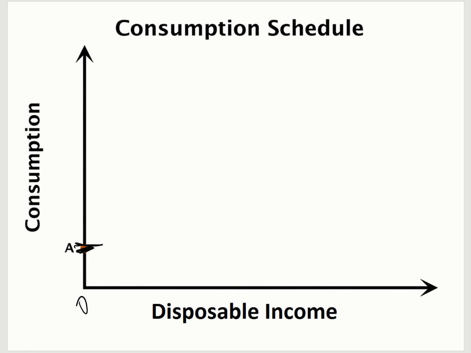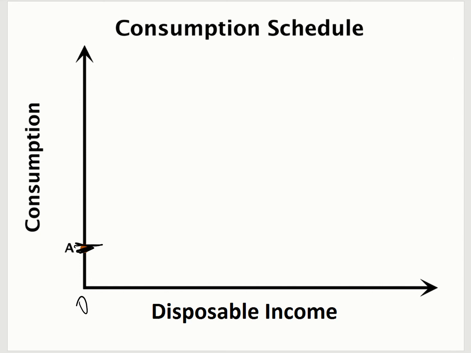Think of this as your basic needs for survival: bread, water, maybe milk, shelter. The stuff you must spend money on to survive, regardless of how much your income is. That's called autonomous consumption. So even at a $0 income, we still need to spend some money to buy the basic needs.